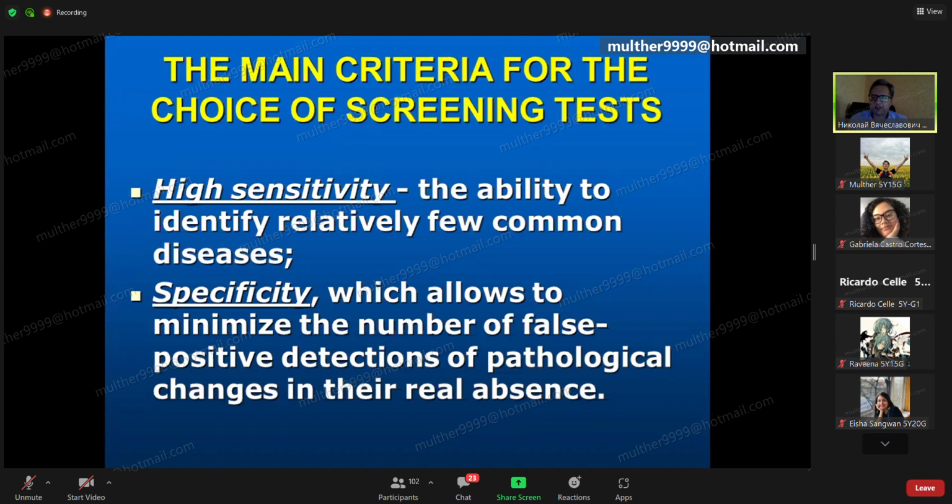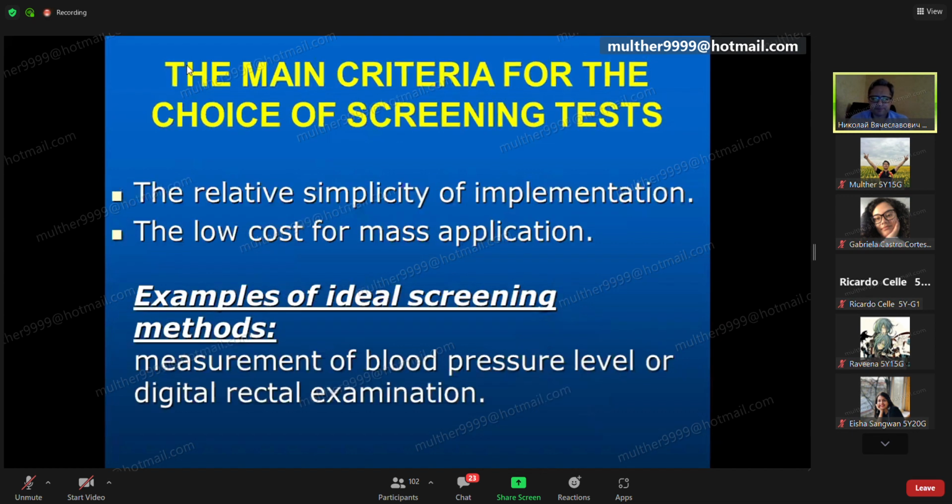It was especially serious and significant for false negative or false positive results of HIV tests. Among other main criteria of screening tests are relative simplicity of implementation and low cost for mass application.